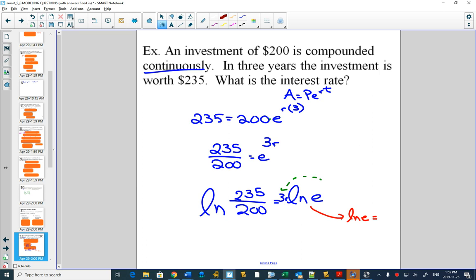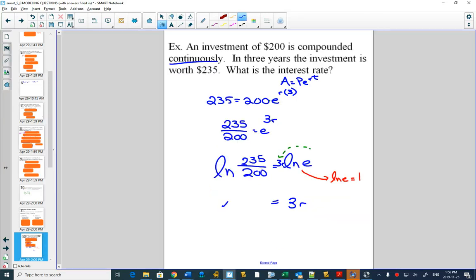This is mental math. What's the base of a natural log? Base of natural log is e. What do logs solve for? They solve for exponents. So e to what exponent would be e? 1. Natural log of e would be 1. And so this side just becomes 3R.